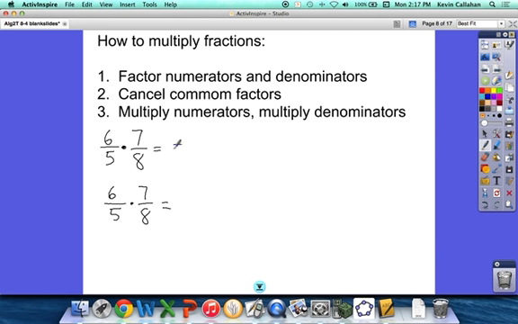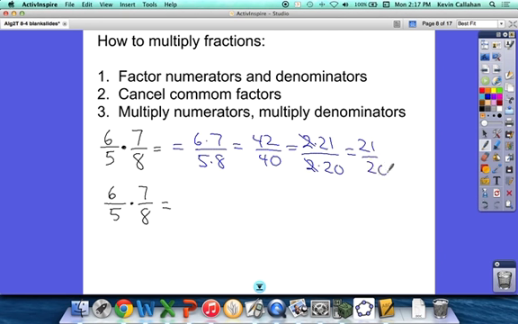So let's say you go 6 times 7 over 5 times 8. And then you go 42 over 40. And actually, there's a common factor. We could simplify this, right? I could write this like 2 times 21 over 2 times 20. And that cancels the 2's, 21 over 20.